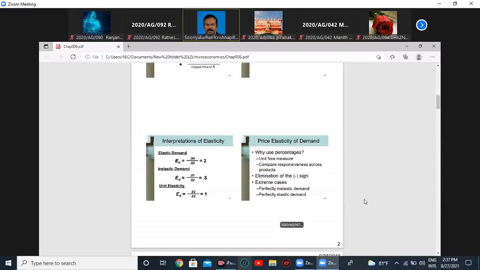If we don't use percentages, only absolute values, then it is difficult to compare.